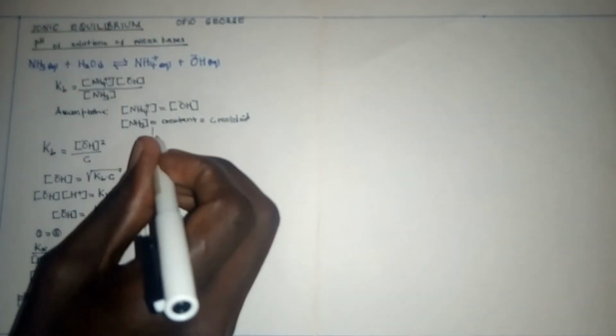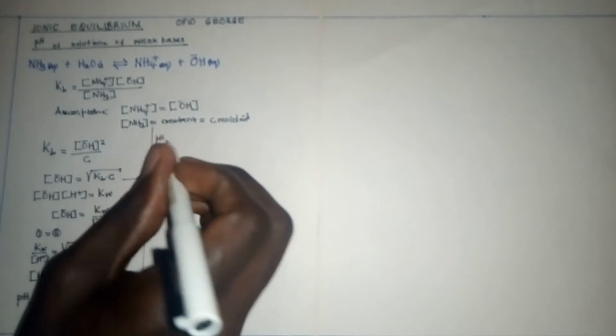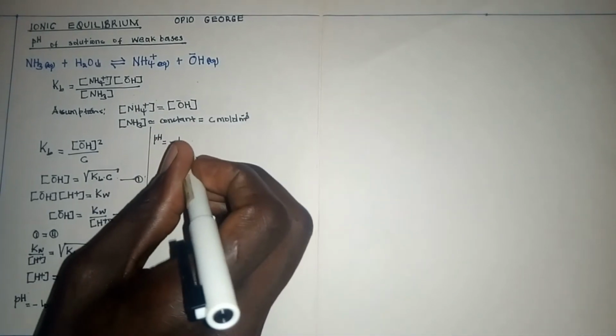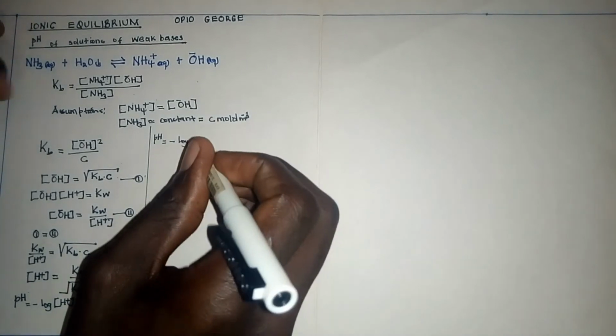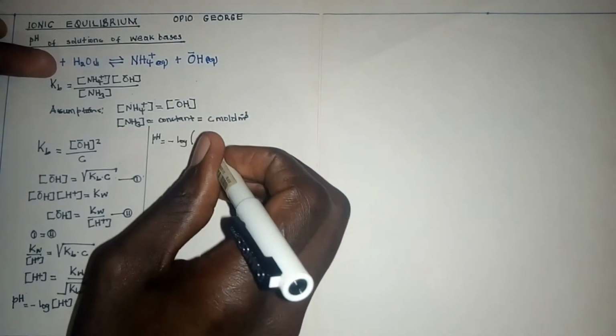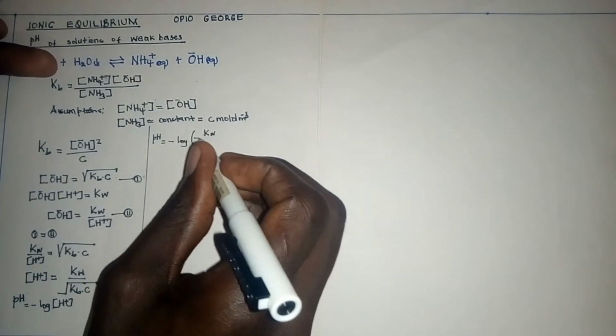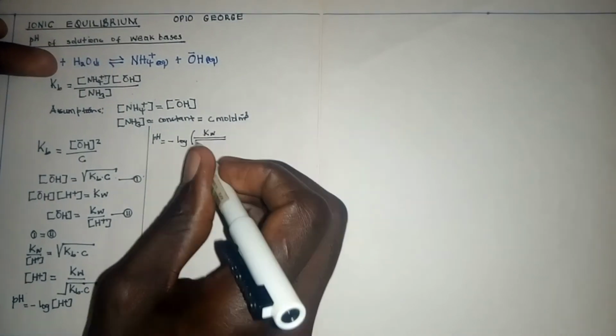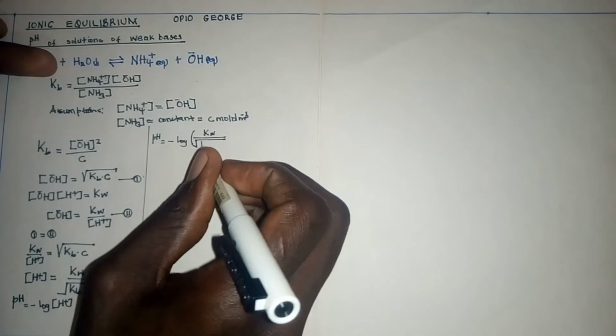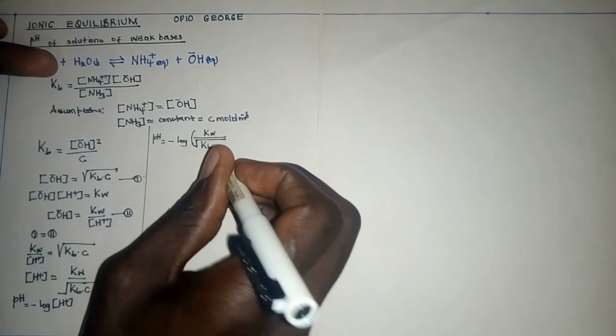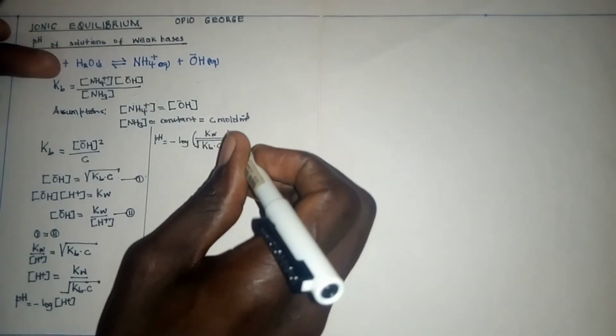So our pH becomes negative log to base 10 of Kw, ionic product of water, divided by the square root of Kb times C.